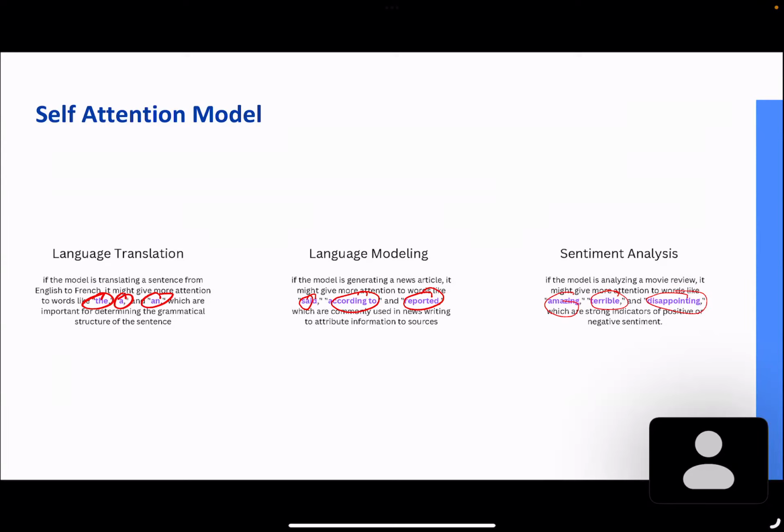And if we are doing sentiment analysis, then we need to focus on words like amazing, terrible, or disappointing. So transformers use the self-attention technique, where they give attention to specific words based on the scenario we are considering. So this is the concept of self-attention.